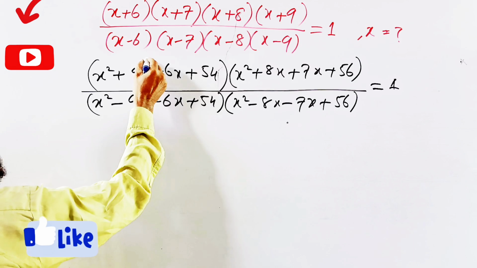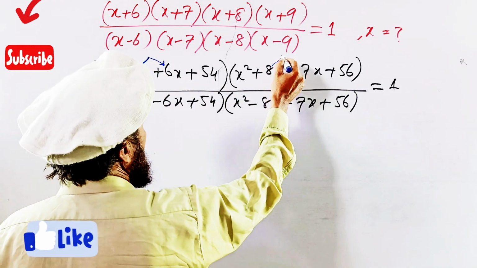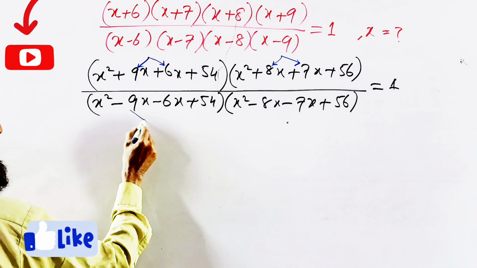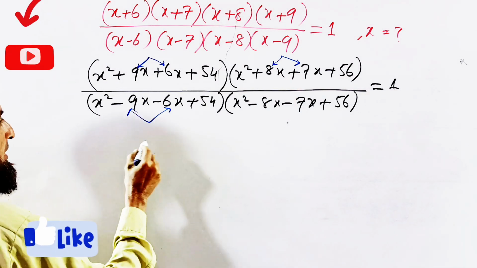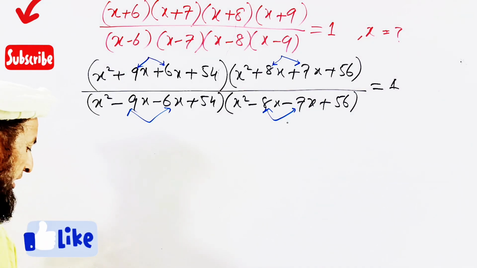These are the same terms, so 9x and 6x, 8x and 7x, minus 9x and minus 6x, minus 8x and minus 7x, we add to each other.